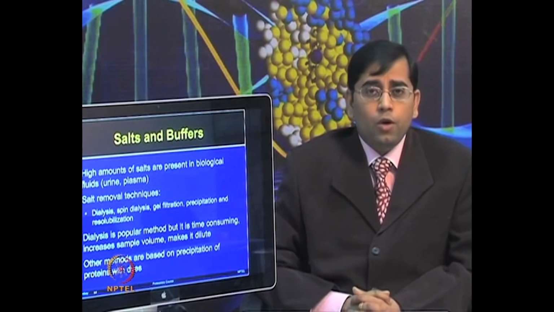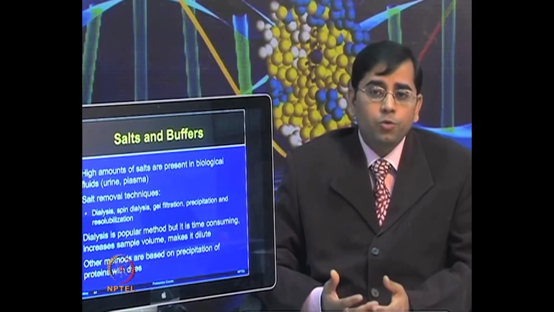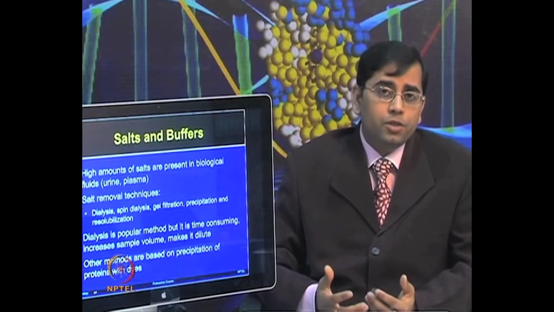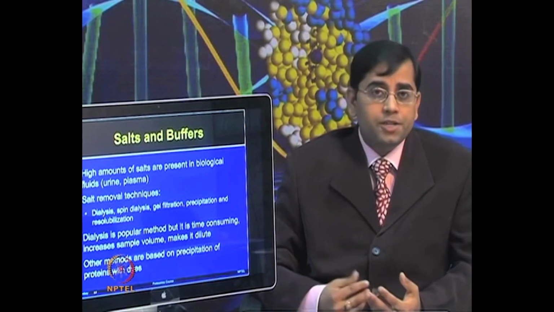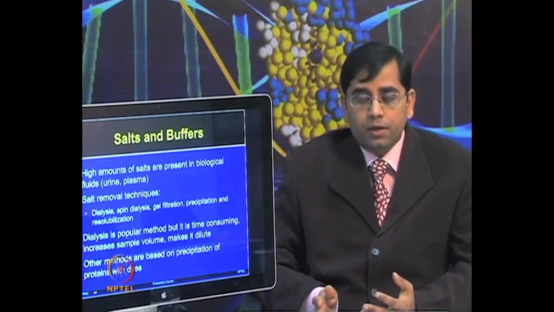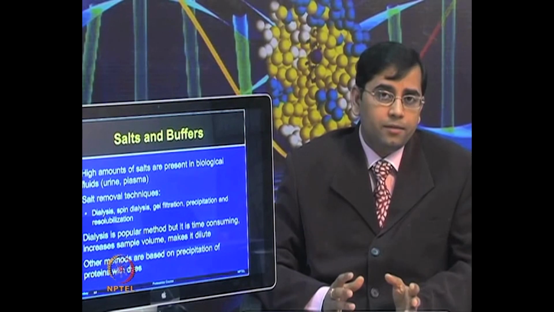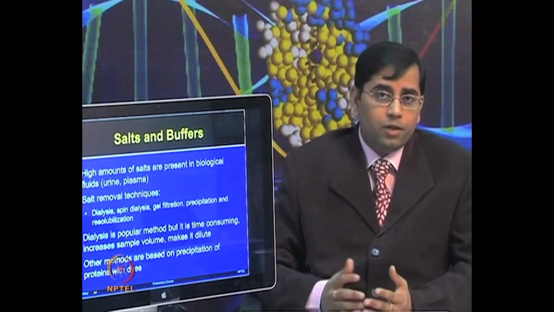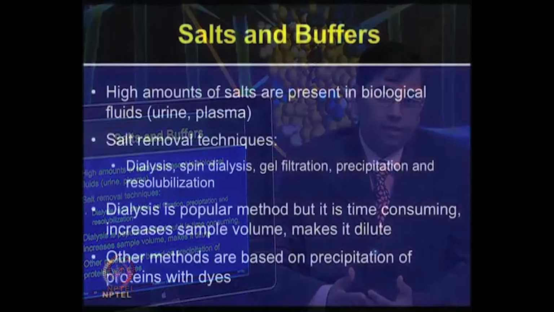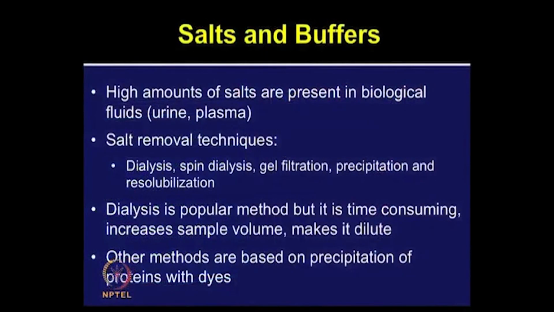The only problem here is that your sample volume can become very dilute. So, if your application requires a concentrated solution with a small quantity, then this may not be a very popular choice for proteomics applications. There are other methods based on the precipitation of proteins with dyes. Those are also commonly used depending upon your proteomic application.